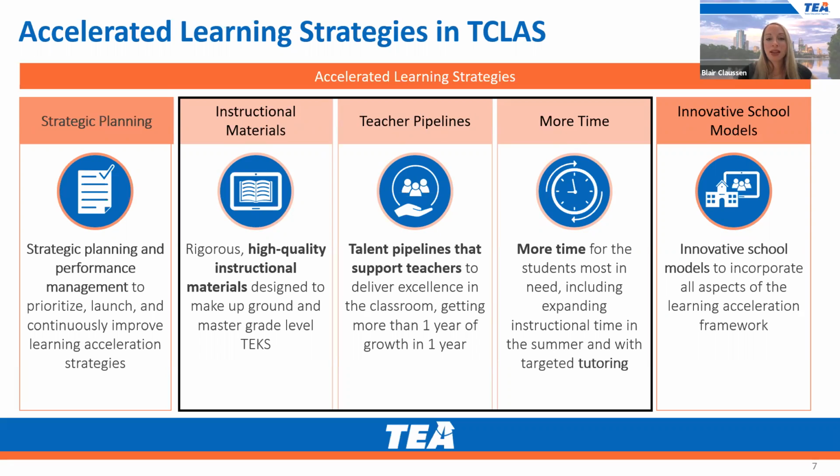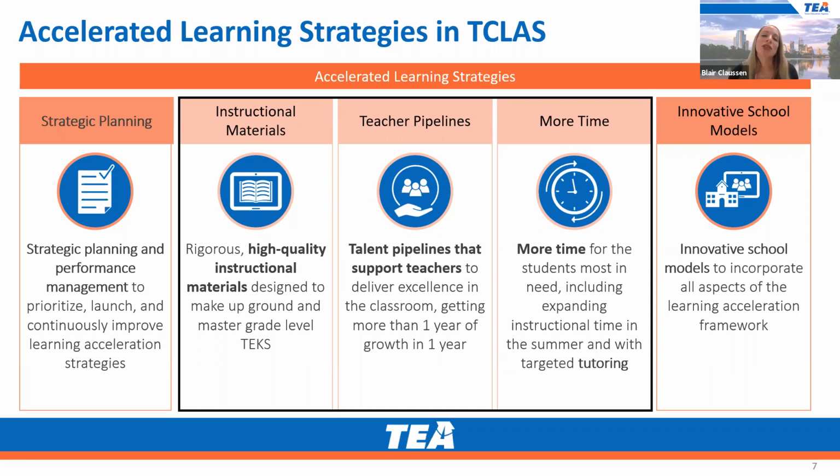The two on the end, strategic planning and innovative school models, have been added as accelerated learning supports. So strategic planning includes a set of supports to really kick the work off. It supports districts in planning, prioritizing, launching, and establishing a continuous improvement process to ensure learning acceleration strategies are appropriate and, of course, actually effective for the district.